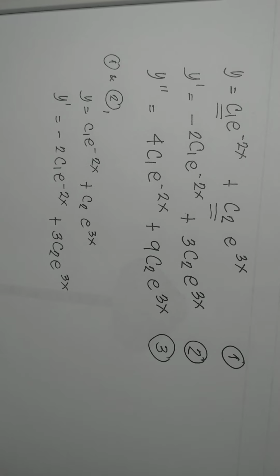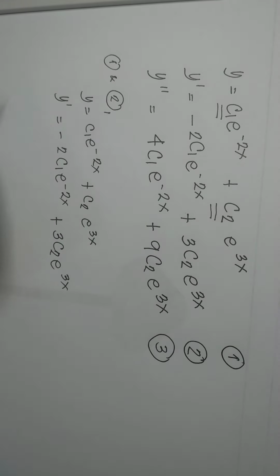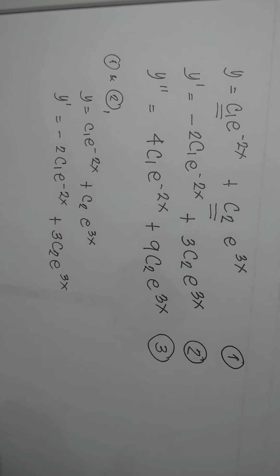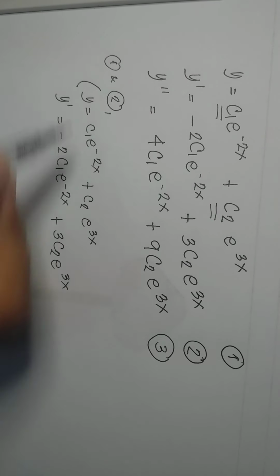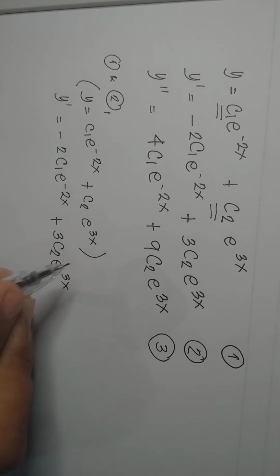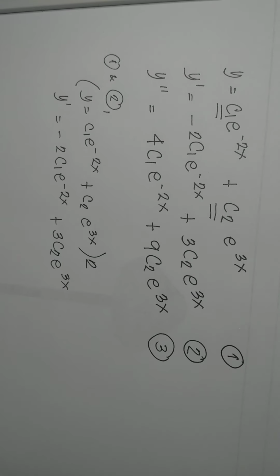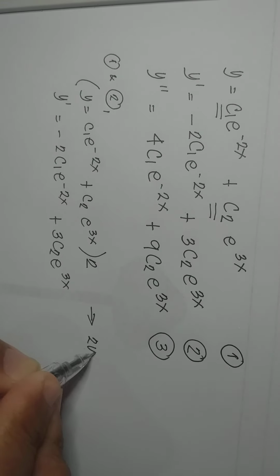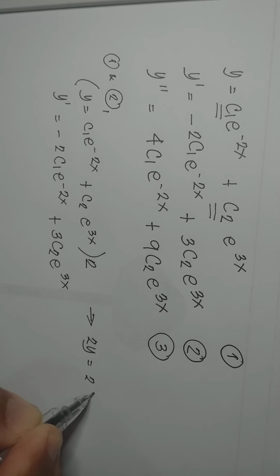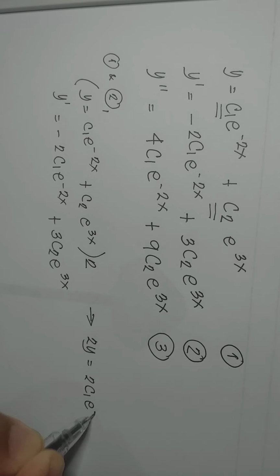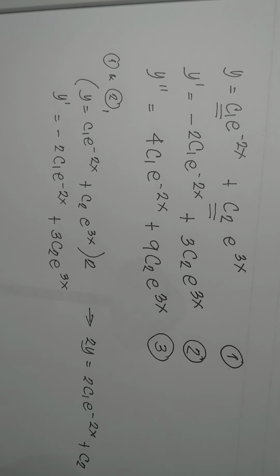In order for us to eliminate one of the arbitrary constants, say we want to eliminate c sub 1, we need to multiply equation 1 by 2, giving us 2y equal to 2 c sub 1 e to the negative 2x plus 2 c sub 2 e to the 3x.